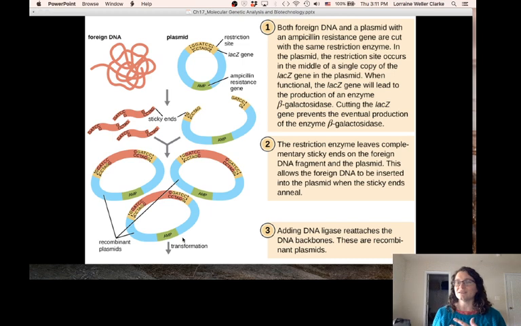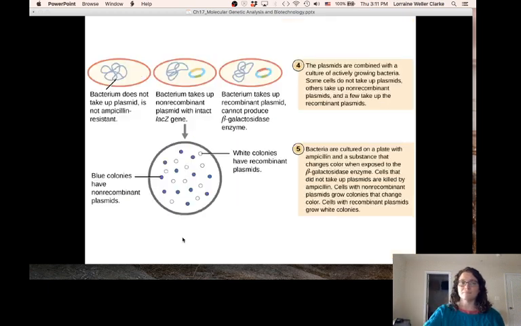You have a pesticide resistance gene in there, and only the ones that have the pesticide resistance gene and your gene of interest will grow. And then you know that you have a recombinant and transgenic plant. So the same concept, except now you'd put the bacteria into the plant. All right. So this is the whole process, but you guys can go through that again.